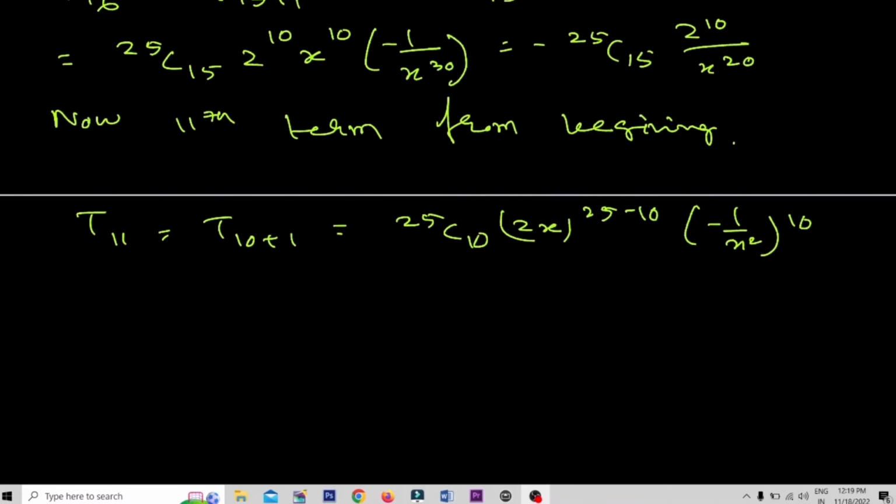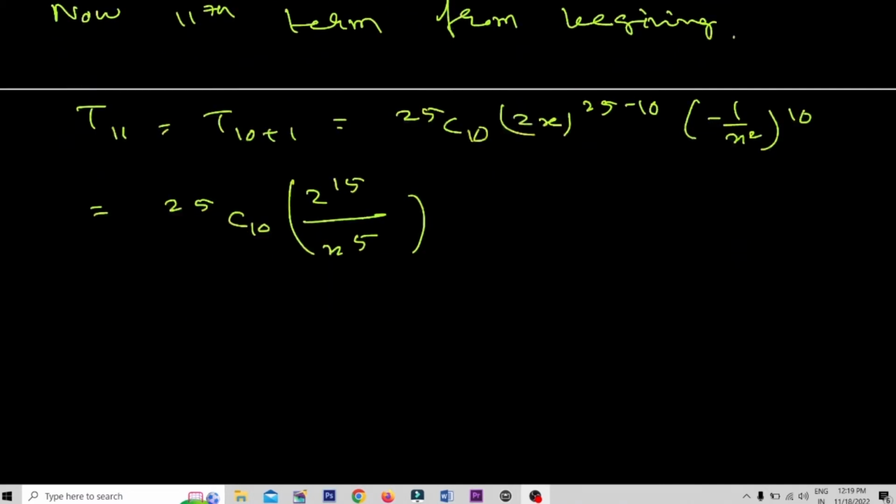Therefore we can write this as 25C10, this is 2 to the power 15 by x to the power 20, it means x to the power 5 over.